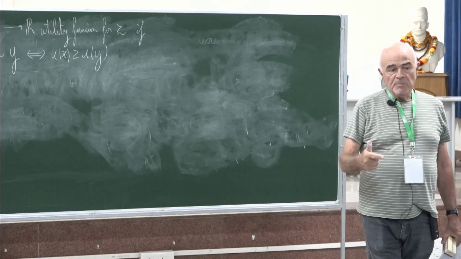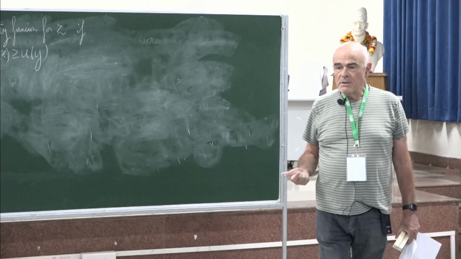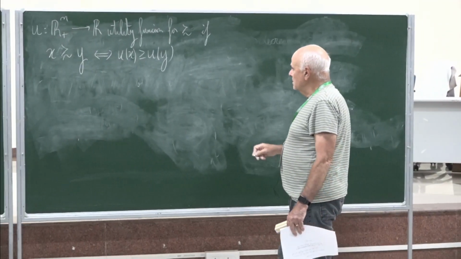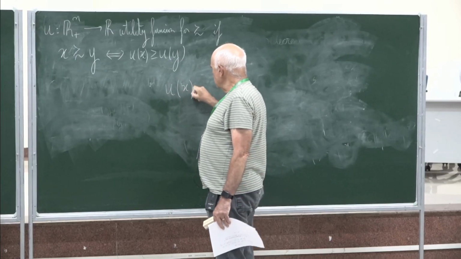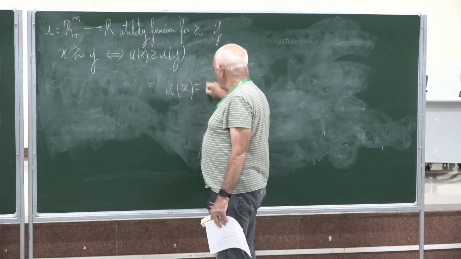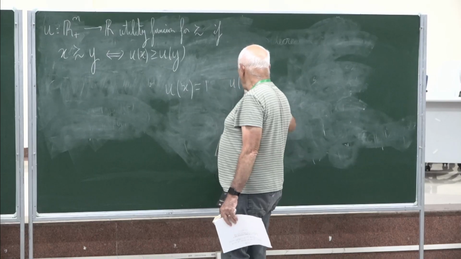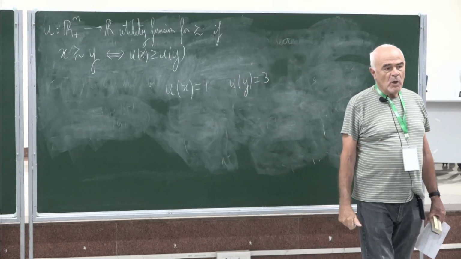Okay, so if you give me your utility function, I know your preferences. So if you say u of x is 1 and u of y is 3, I know that you prefer y to x.